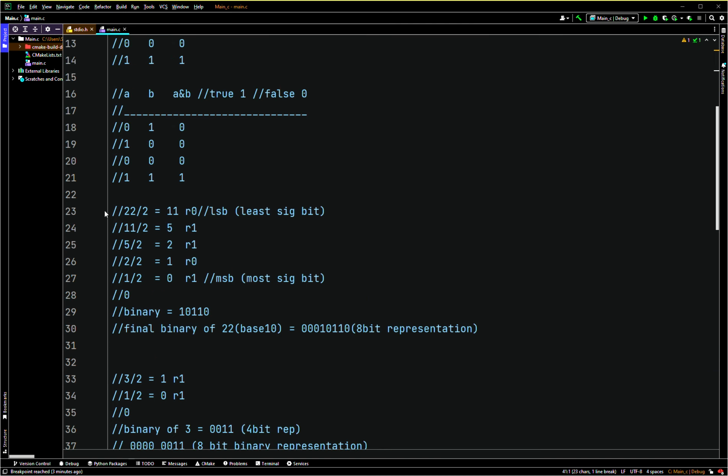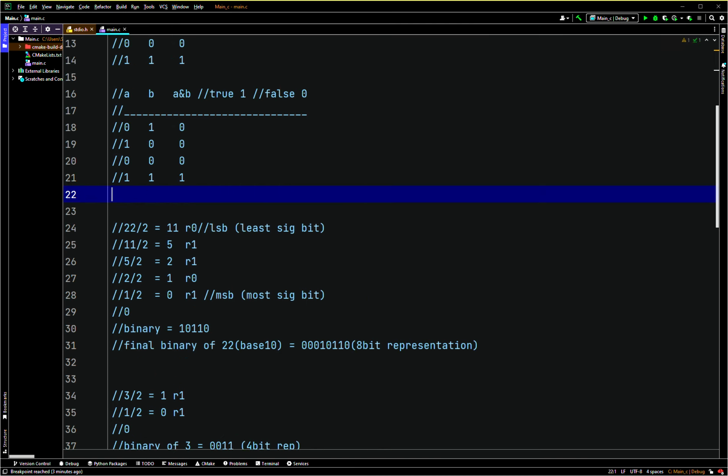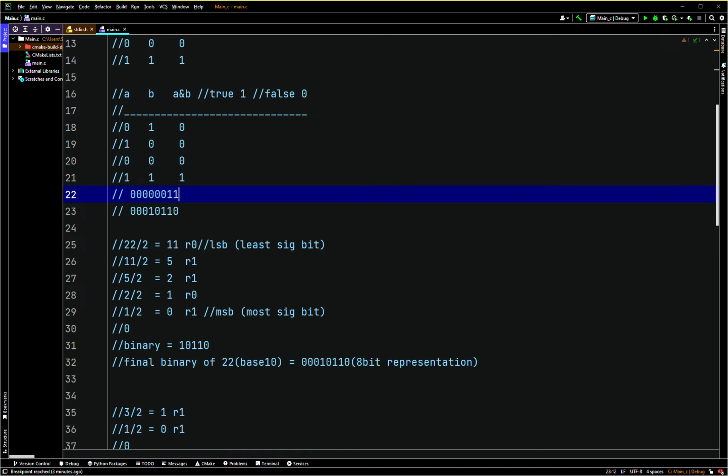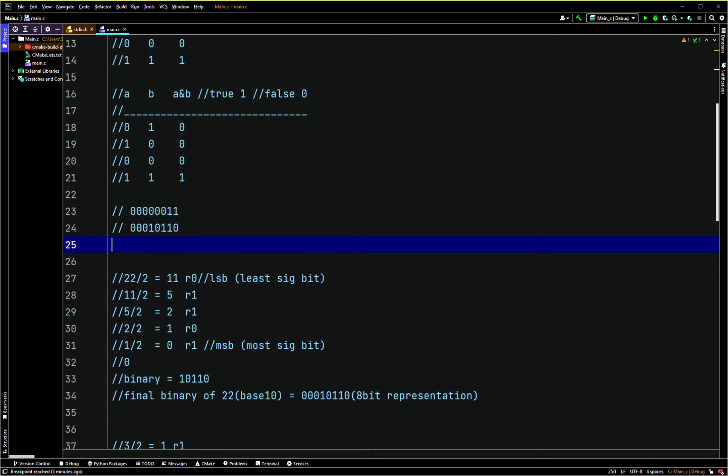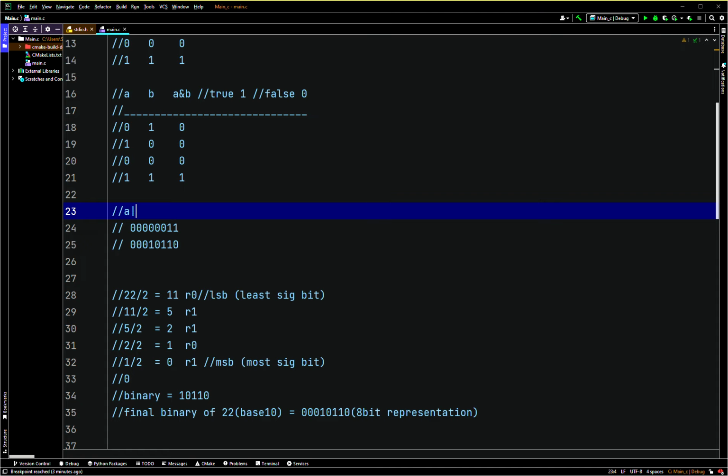Okay, that's correct. So here we'll just put that here. So here we'll just say A or B bitwise.